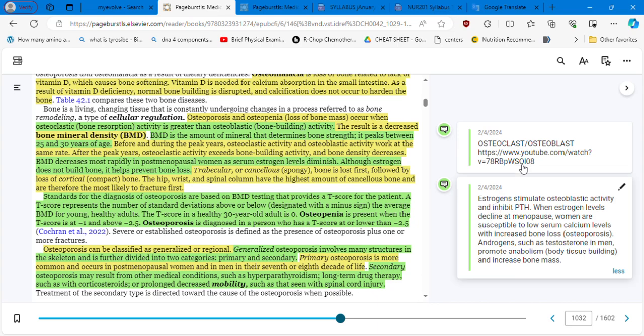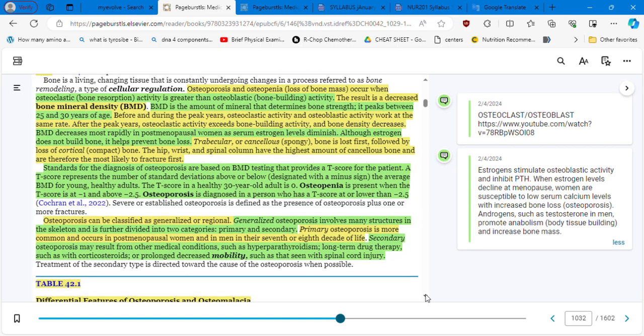There is a video here and it is also in the supplemental file if you want to watch it again. Also, this video was given in the first chapter, in the previous video related to this musculoskeletal system. So we know already what is osteoclast and osteoblast.